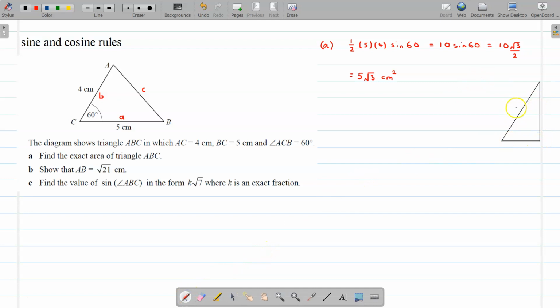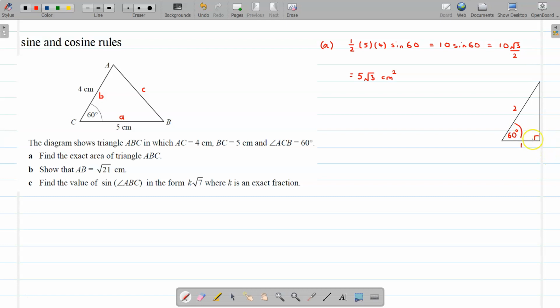Originally, the side lengths were 2 centimetres, so this length across here is now 1 centimetre because it's half of what it originally was. And this is a right angle because it's a perpendicular line straight down the middle of the equilateral triangle, and this of course is 60 degrees here because that's the interior angle of an equilateral triangle.